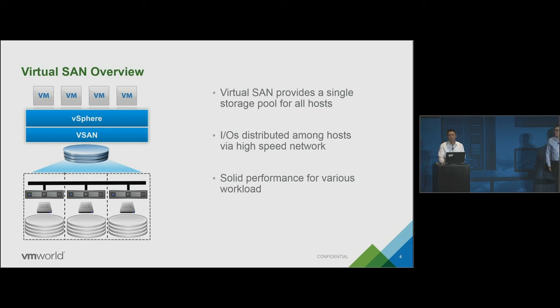We all know that VMware VirtualSAN provides a single storage pool for all hosts in the cluster by aggregating the SSD flash drive and hard disk drives in the cluster. And IOs from the VM are distributed and balanced across the hosts in the cluster that are connected by high-speed inter-host connection.